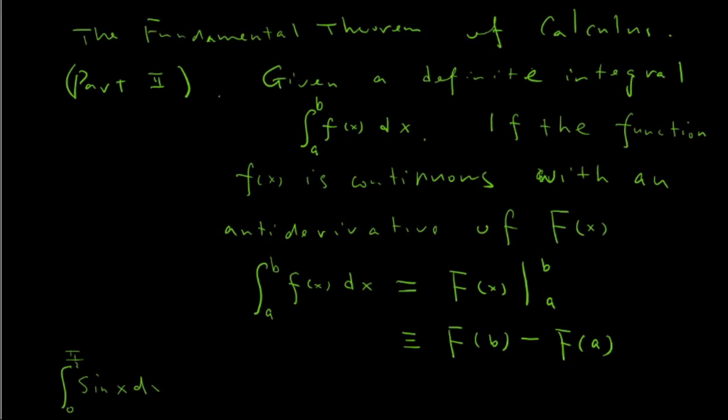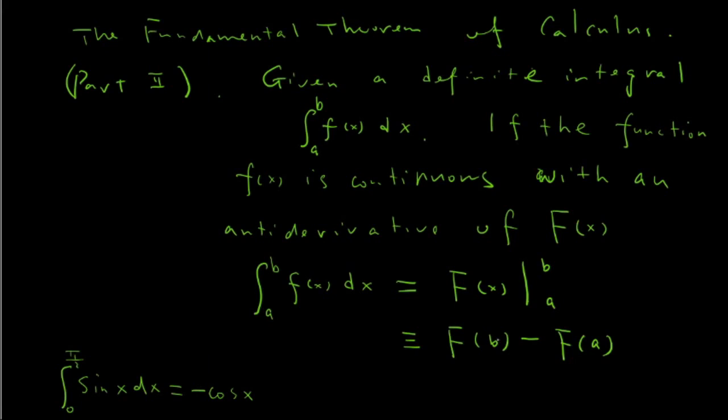For this one, all we need to get the definite integral of a function is to get a particular antiderivative of the function. An antiderivative of sine of x is negative cos of x, right? We get an antiderivative of the function.